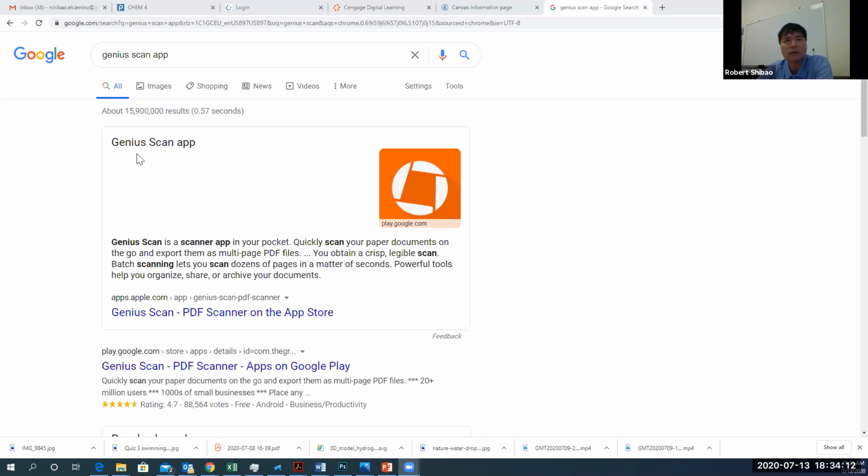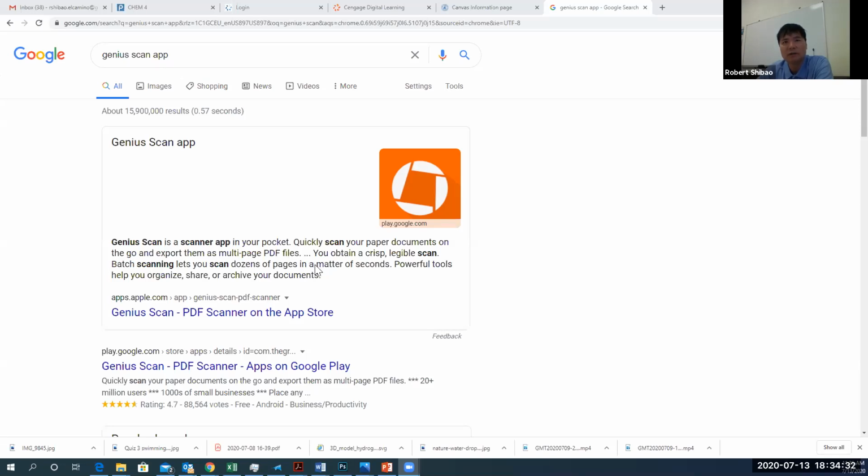Can you take a look at this? This is what's recommended by El Camino. This is the Genius Scan app, and you can do this on your phone. That way, if you have a 5-page document that you need to upload, you can upload it as a single document rather than 5 separate pictures.